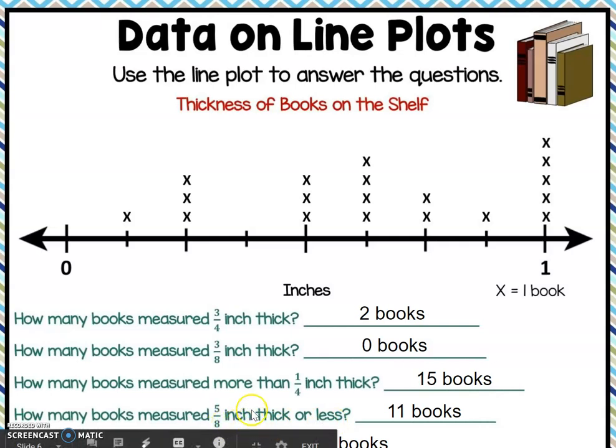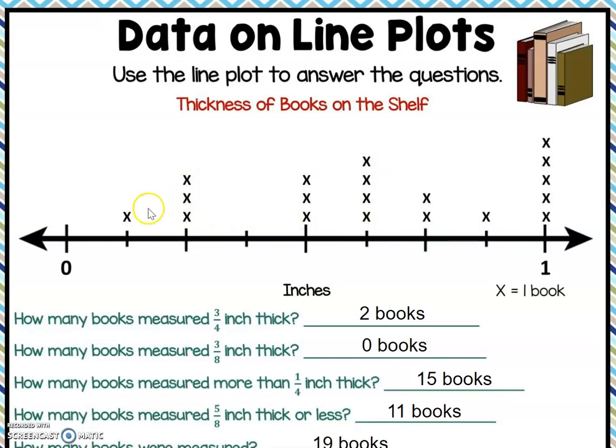So that phrase of a unit, in this case 5/8 of an inch, or less means we include all of that unit and everything smaller than it. This hash mark represented 5/8 of an inch, so I'm going to count 1, 2, 3, 4, 5, 6, 7, 8, 9, 10, 11. That's how they got their answer of 11 books.